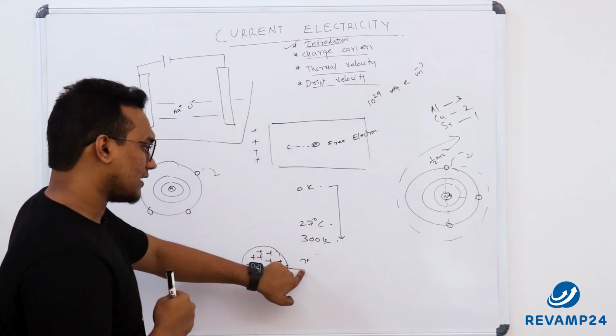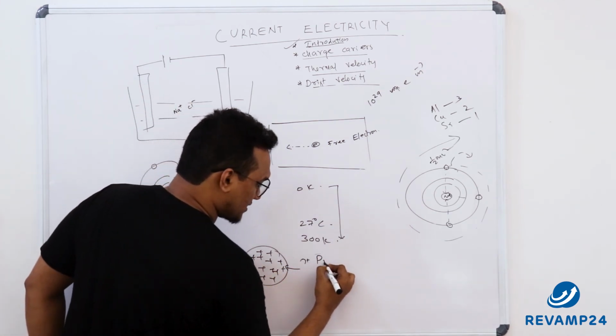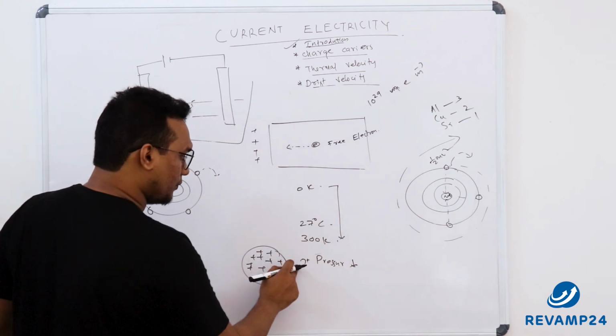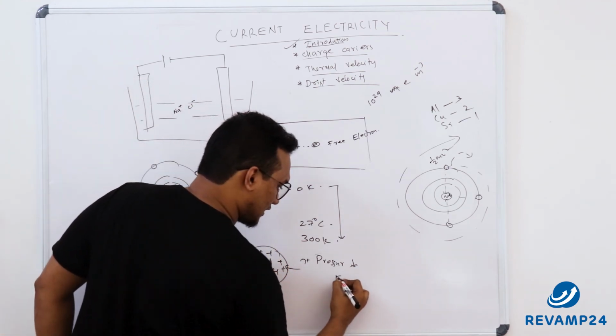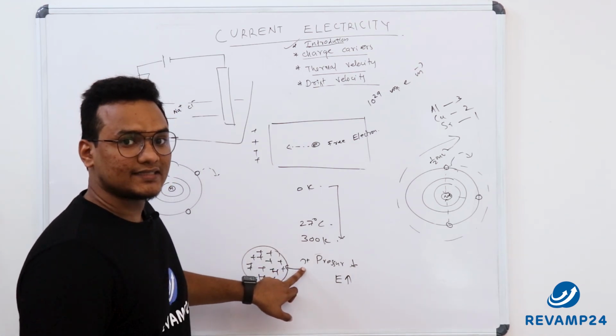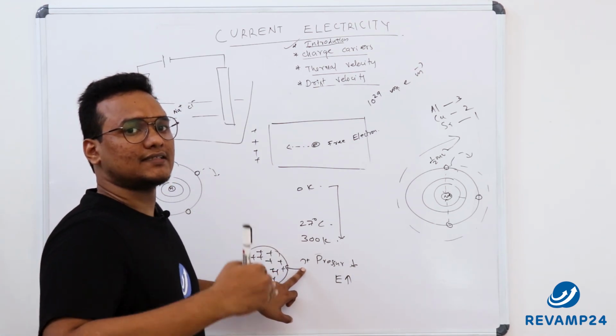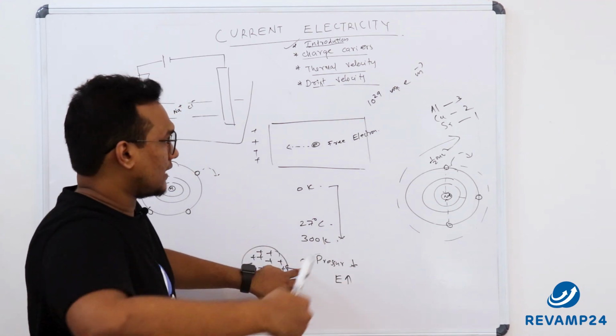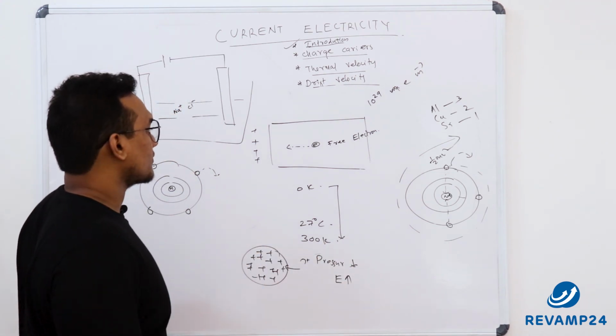This is a special condition where the pressure of the gas should be less and the electric field should be very high, so that we can ionize a gas and that will act as a conductor, or that can contribute towards conduction of charges. Okay, that's all.